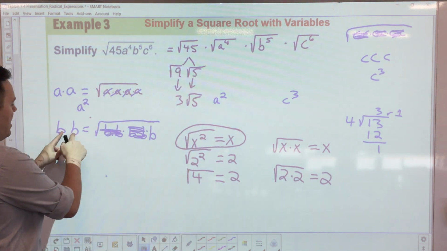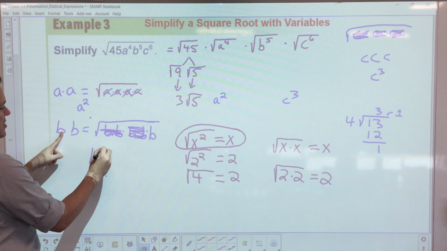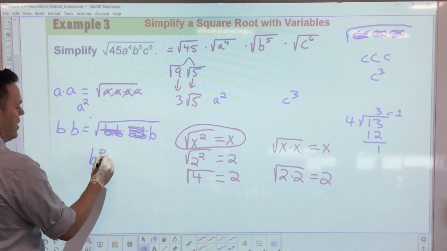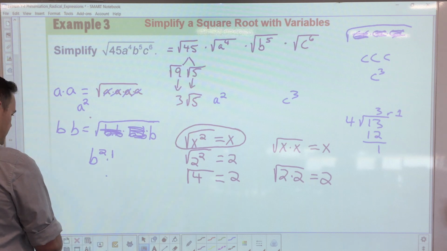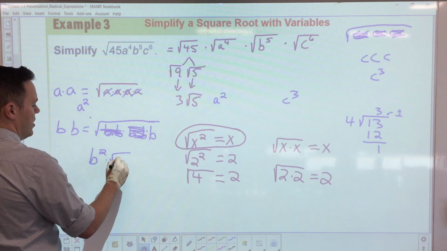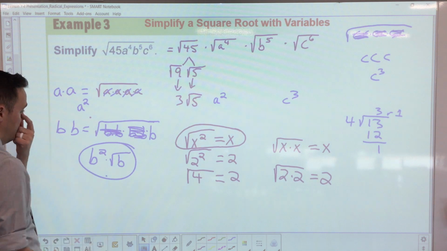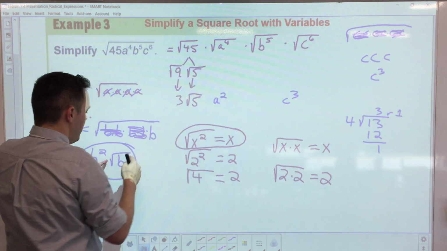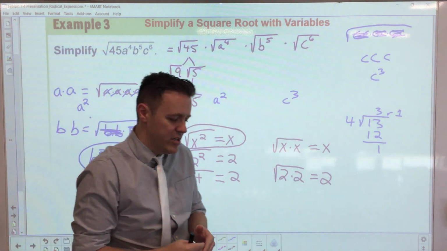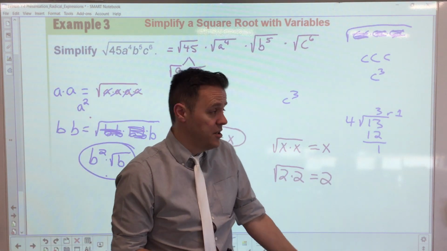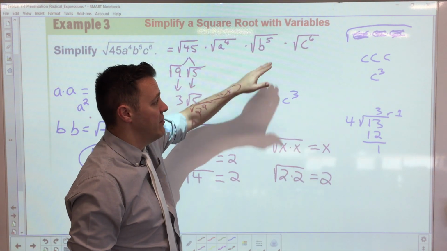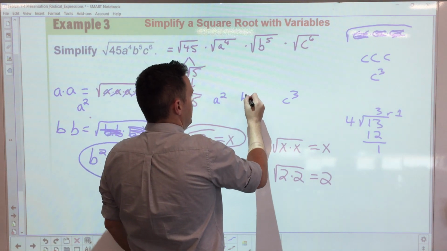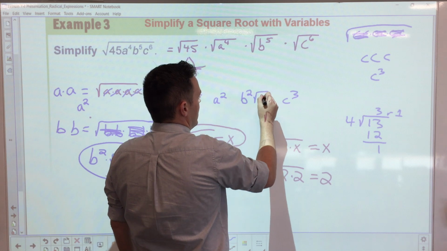So for B, it's B squared times the square root of B. B to the 5th means you can go 4, like we've been doing, but you're leaving behind 1 straight one. Every time you have an odd number, you're going to have a remainder. You're going to leave one behind. So this one would be B squared and the square root of B.